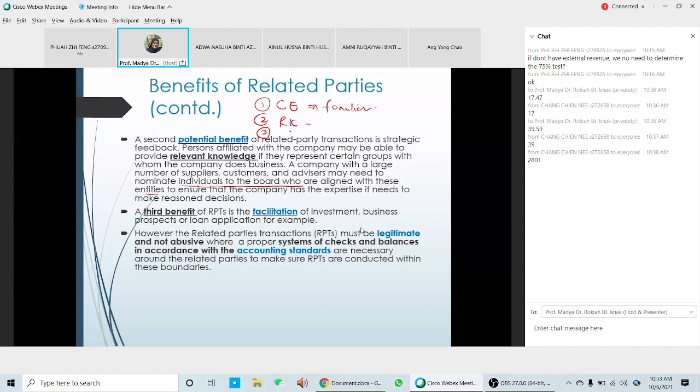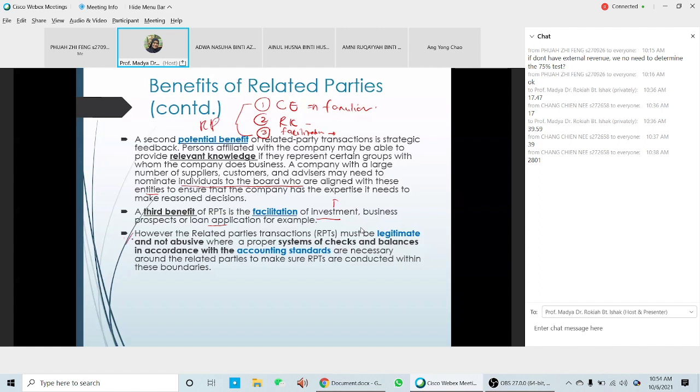The third one is the facilitation of investment. Related parties can facilitate investment, they can increase investments, business prospects, or maybe loan applications. So we have three benefits that relate to a related party.